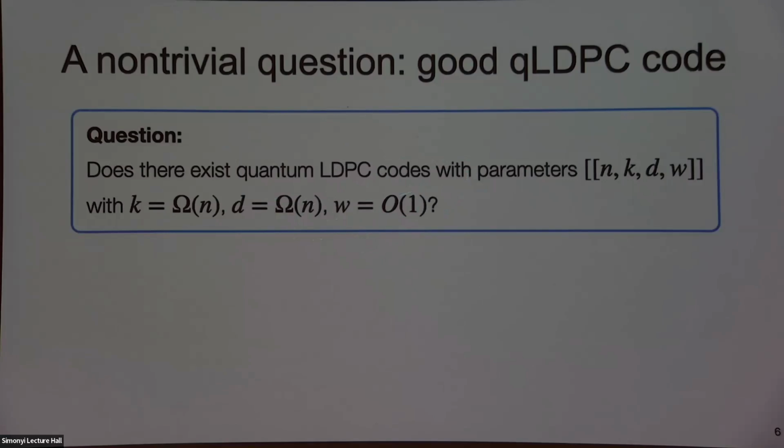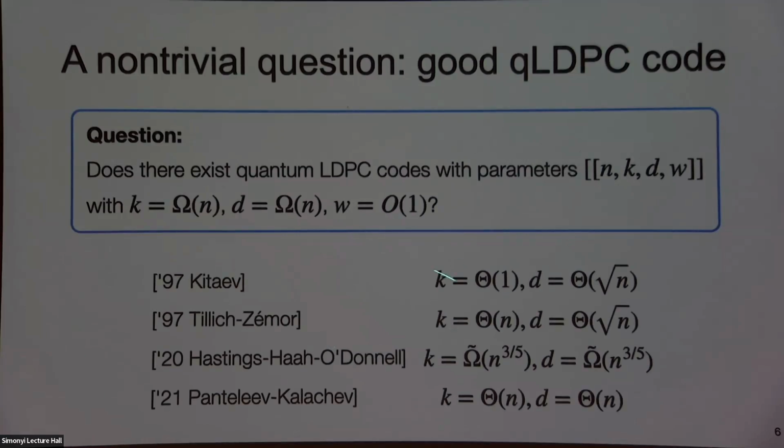Of course, your K and D would get reduced, but for today, we don't have to worry about that constant. Okay, and so later on we'll say why this turns out to be a challenging question. But let me just say that today we'll talk about at least 4 of these constructions that build up to the final results on K and D being linear.